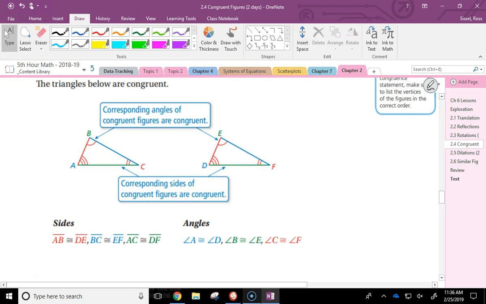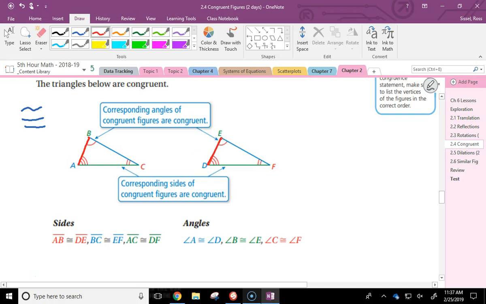So when I said the sides are the same, we want to go the same direction. When I said side AB, I started at A and went up to B, and I put this little equal sign with the S on it. That means congruent. So side AB, which is red right here, is congruent with DE.